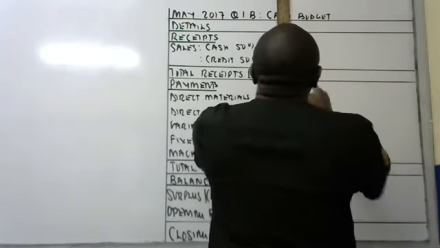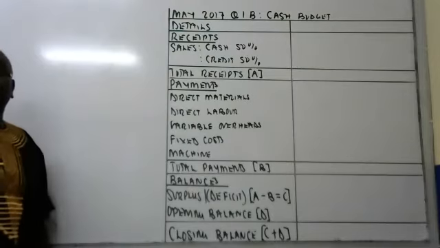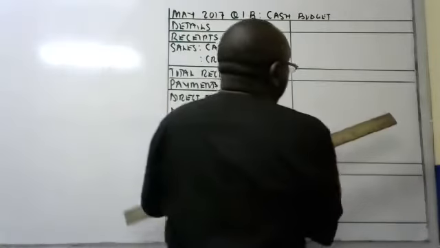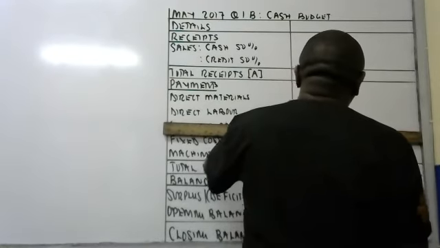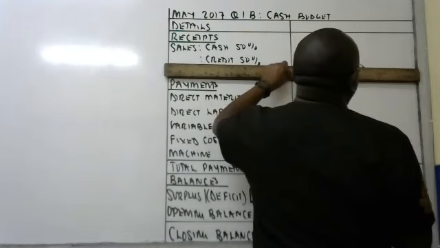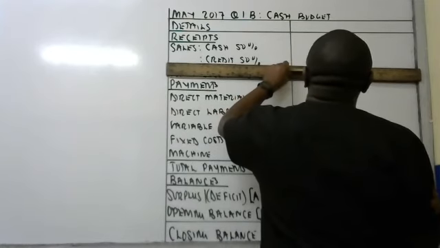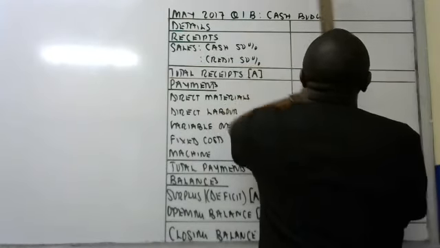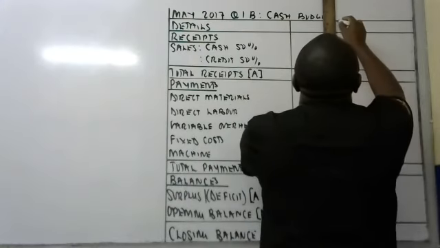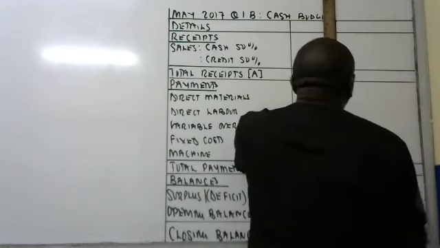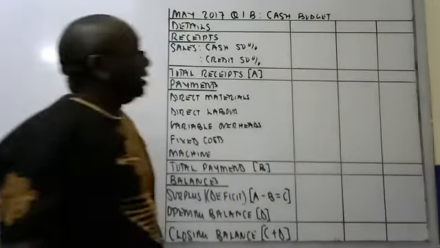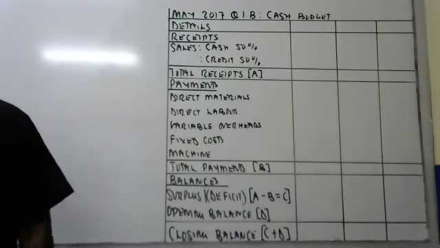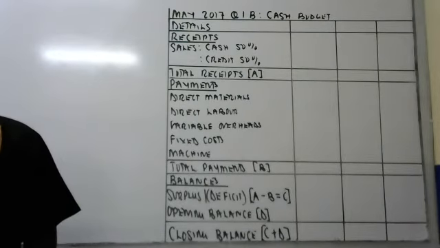So now you close it like this. And then you divide it into 3, because you're told to do it for 3 months ending September.